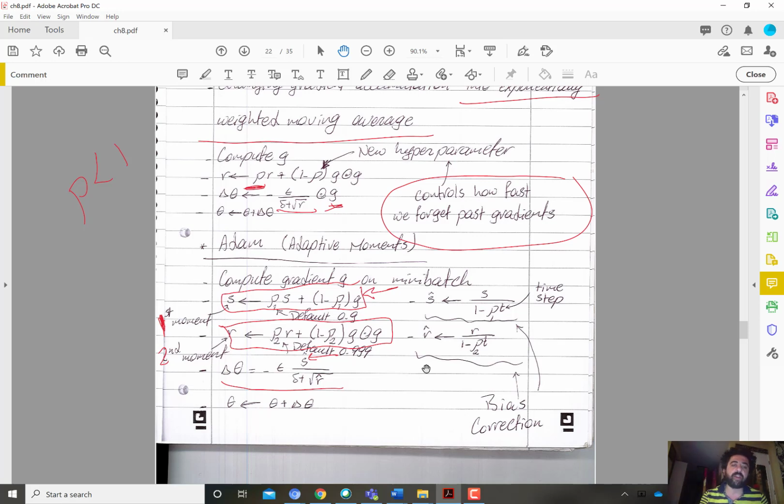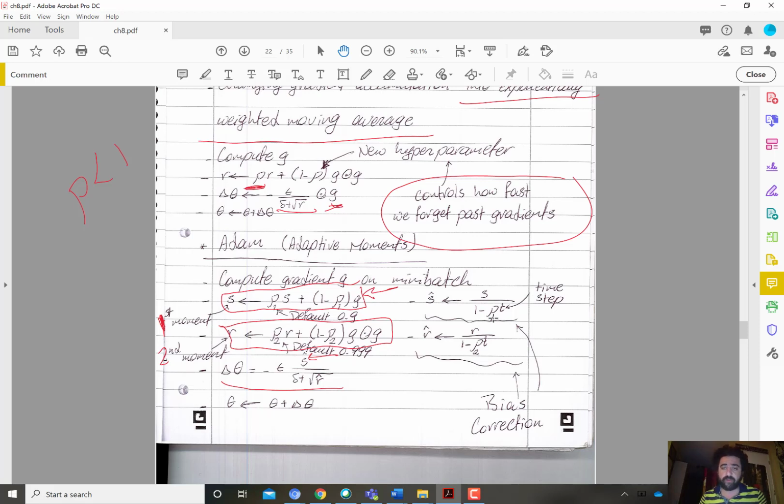Because the values of S and R are initialized to 0, there is fear that the first few iterations will be dominated by, or will be biased by this initial value, regardless of the true value of the gradient, right? So because we start at 0, that's why we include these steps. And basically S hat equals S divided by 1 minus rho 1 to the t, the index of the time step.